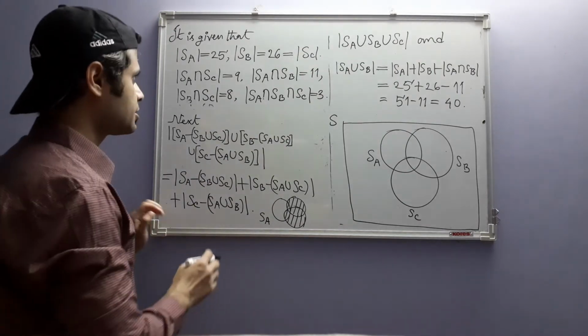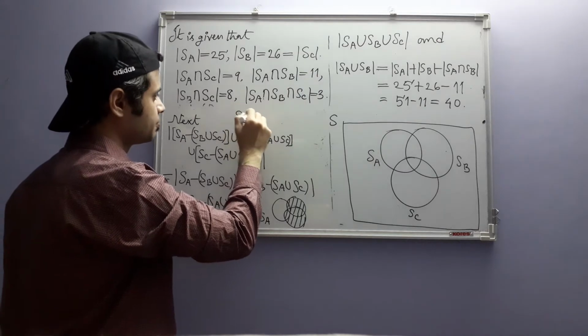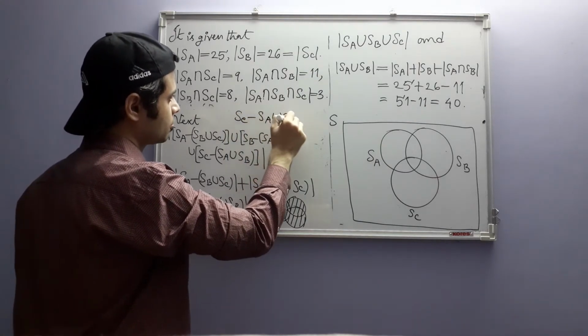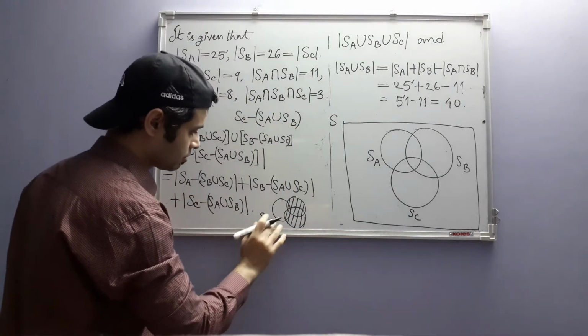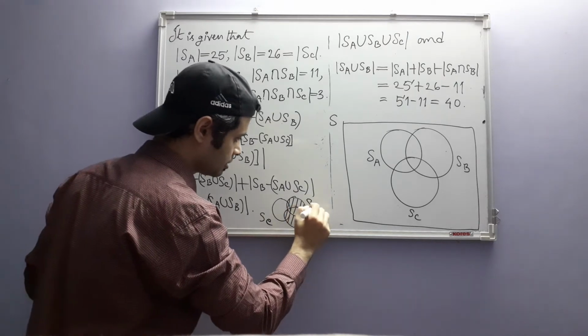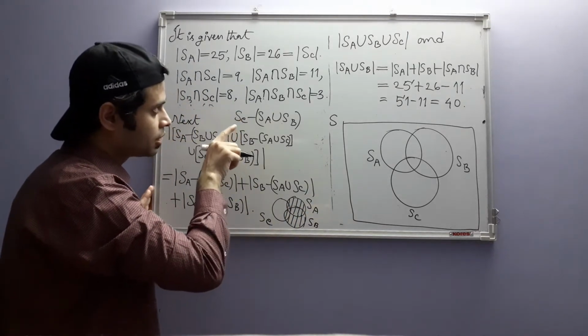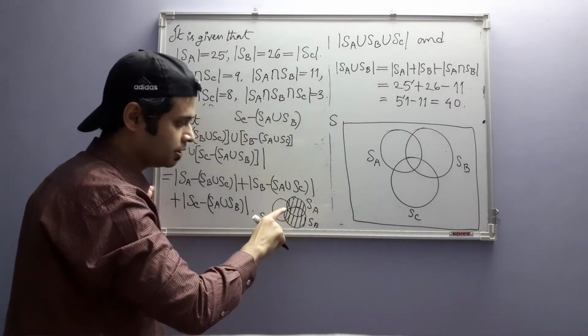Why? Because if I try to calculate this, suppose this is SC, and this is SA and SB. I have found out how many elements there are in SA union SB.